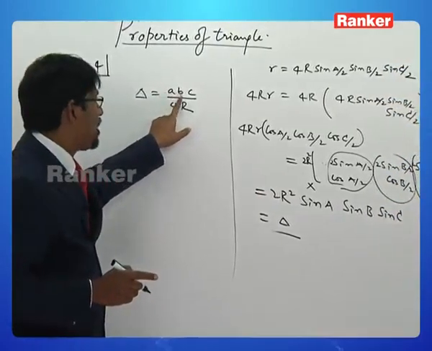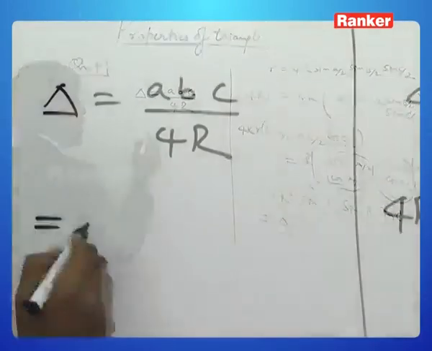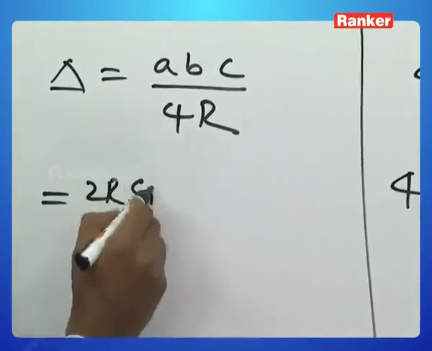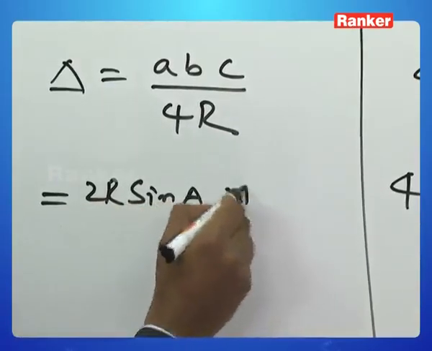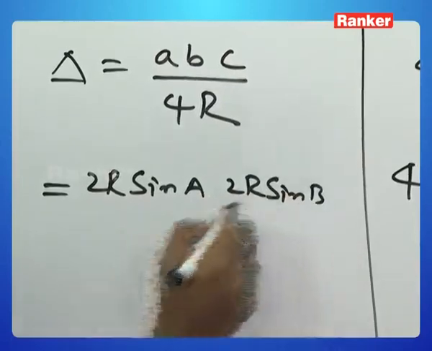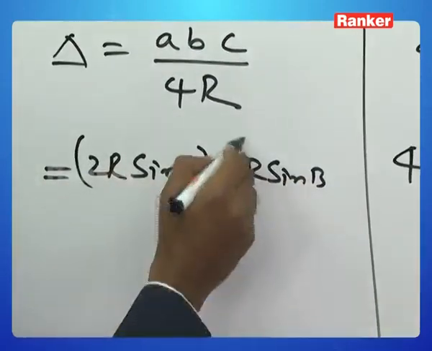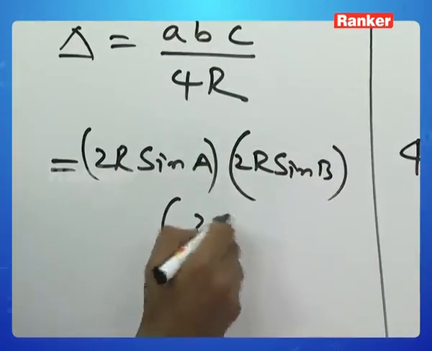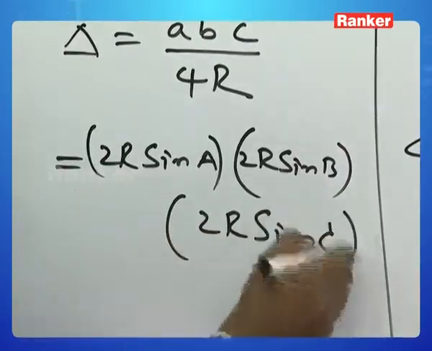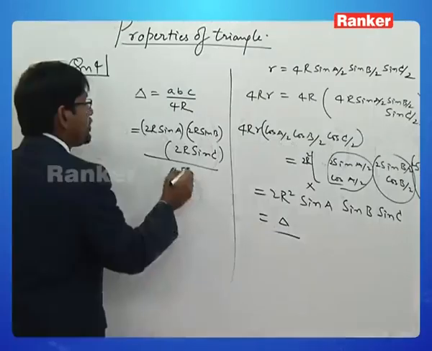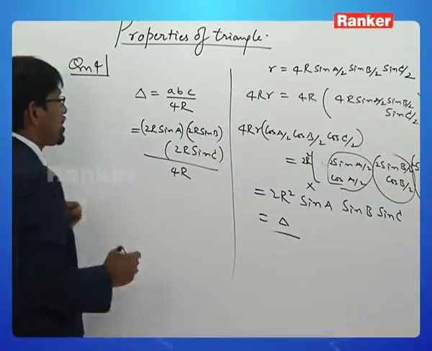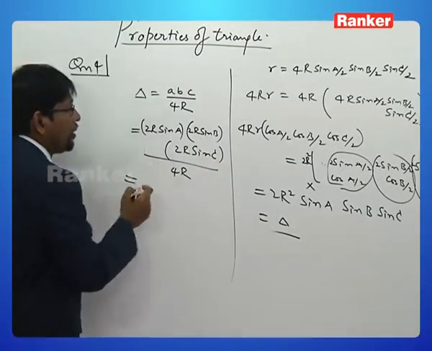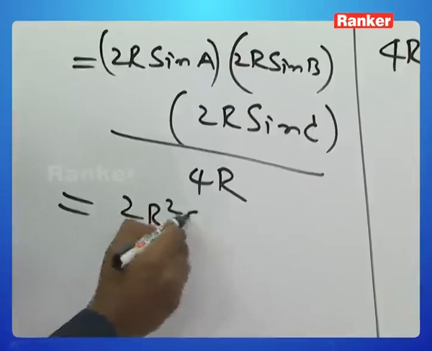A will be 2R sin A, B will be 2R sin B. Let me demonstrate. 2R sin A into 2R sin B into 2R sin C divided by 4R. What is that going to be? Clearly, it is 2R square sin A sin B sin C.